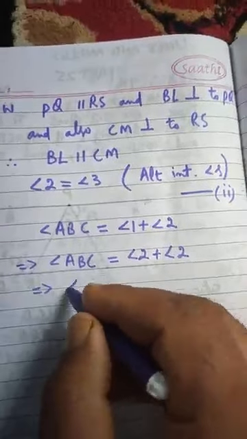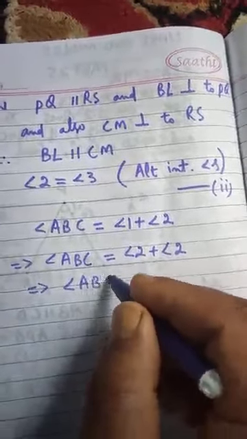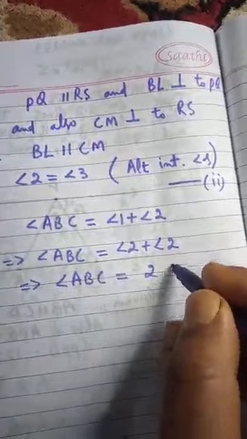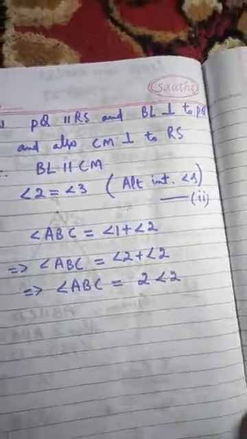That gives angle ABC is equal to twice angle 2.